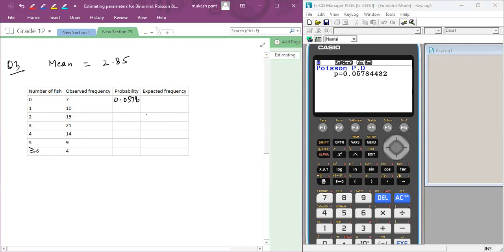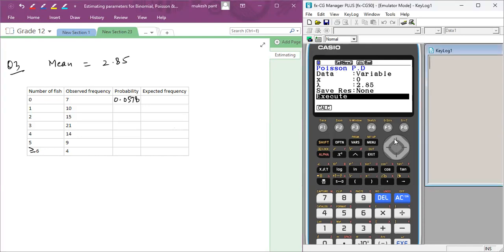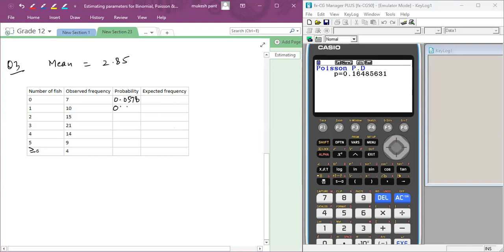Similarly, you will look for 1. We have already done in the class how to find the probability for the Poisson distribution. So this is 0.1649. Similarly, you can find the probability for other variables, 2, 3, 4, 5, and 6.